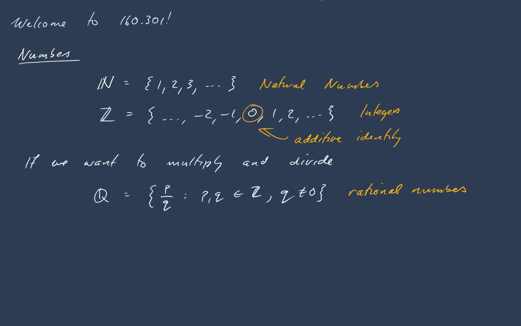Okay, and so every rational number I can now multiply freely. If I multiply 2 rational numbers together, I get another one. I can divide by rational numbers so long as they're not 0, and that's fine. So if I've got p over q, I can take its reciprocal, q over p, so long as p is not 0, and that gives me a multiplicative inverse. I have a multiplicative identity, which is 1.